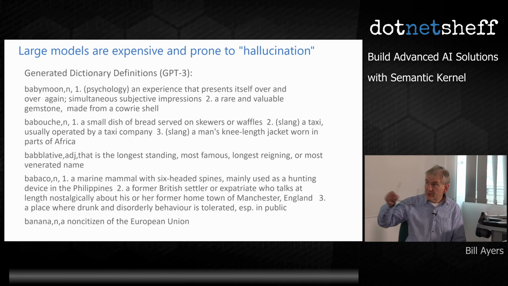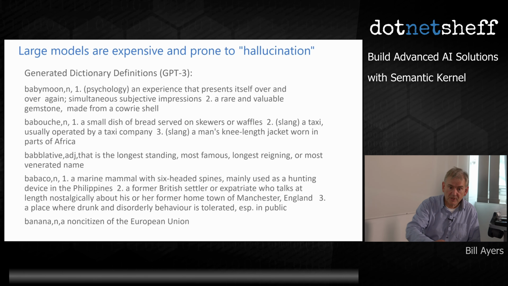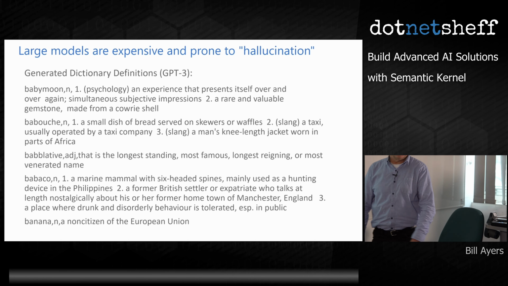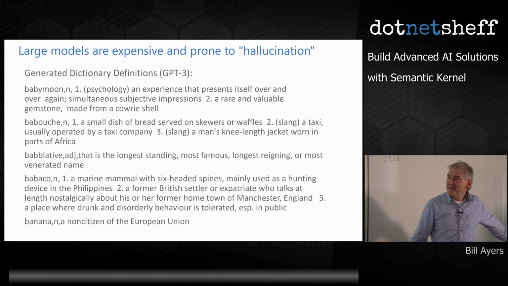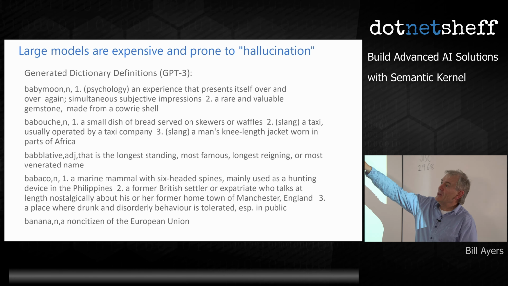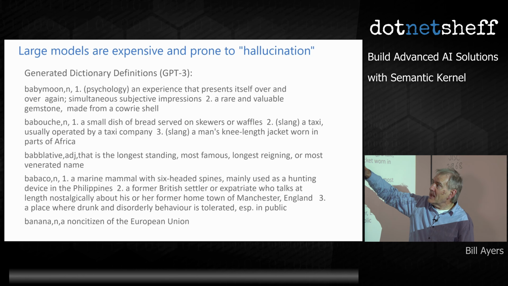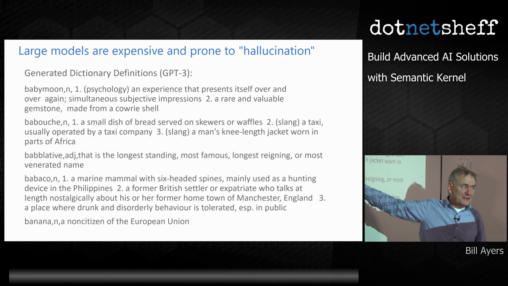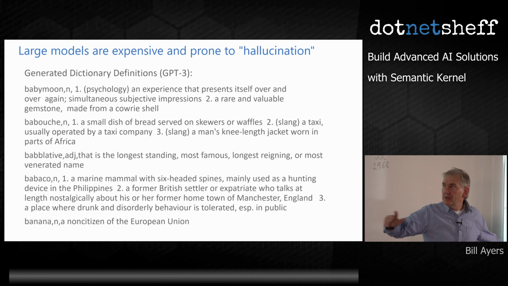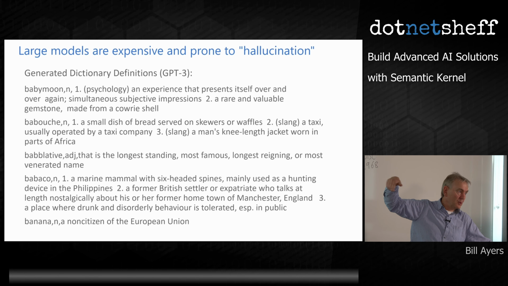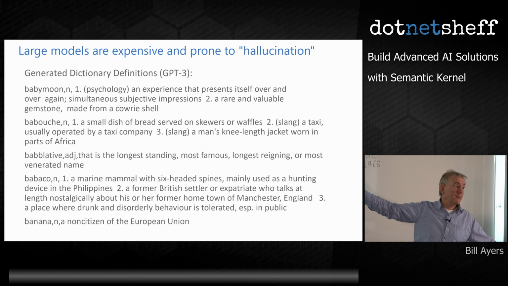There's one other problem, actually, that I want to mention. So we used GPT-3 to try and build dictionary definitions. And about 50% of the answers, now this was admittedly GPT-3, which is quite an old model. We've tried it since on GPT-4, and to be honest, it's not much better.